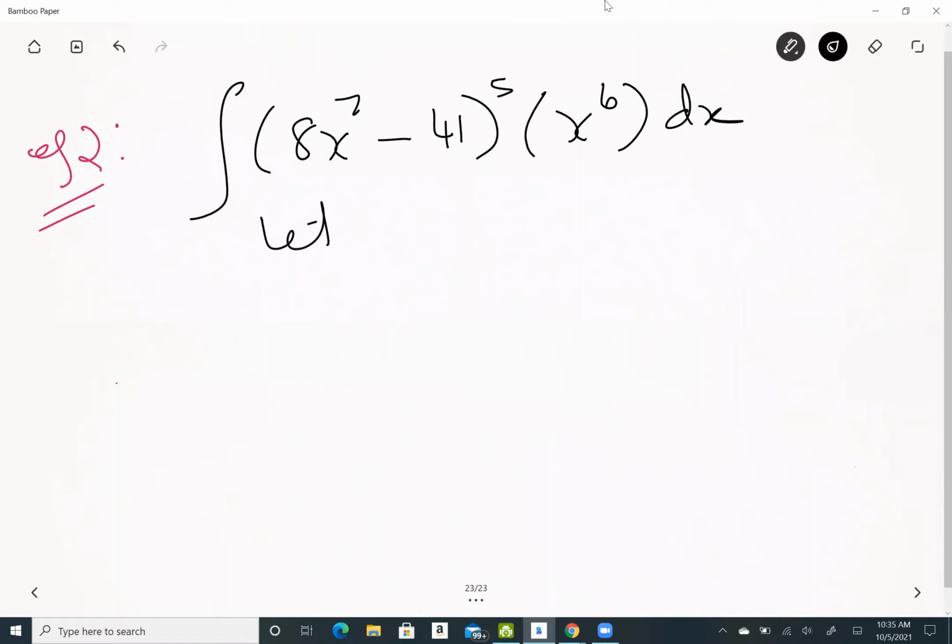If you let u be equal to 8x to the power of 7 minus 41, then u prime is 56x to the power of 6.